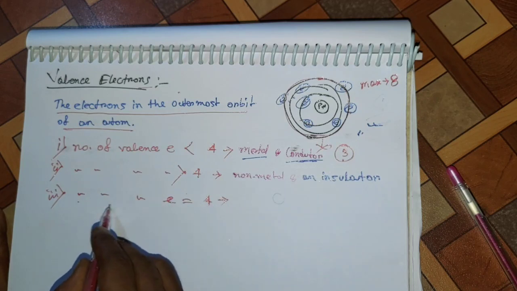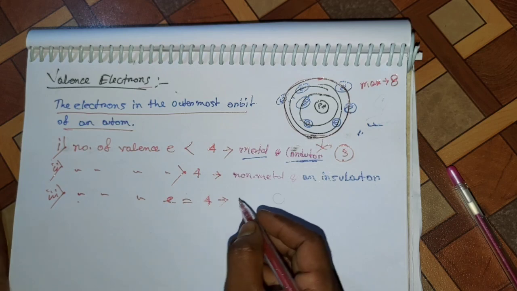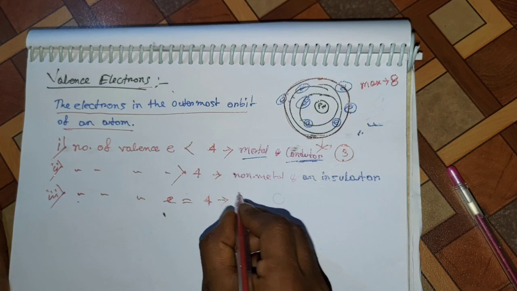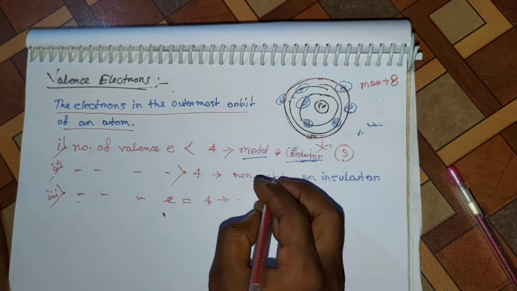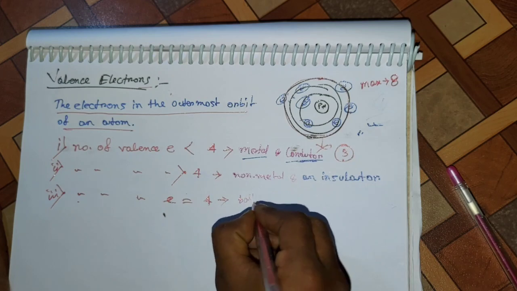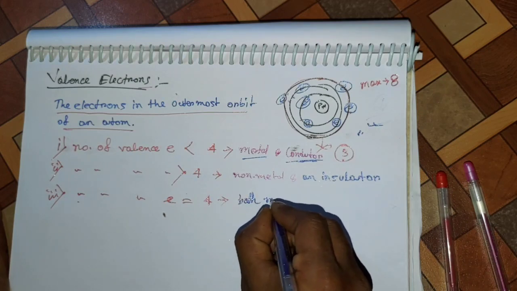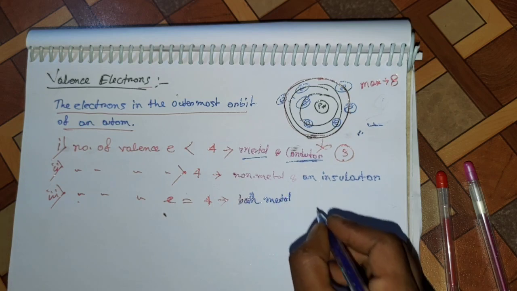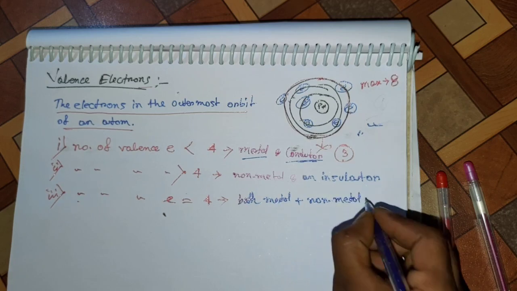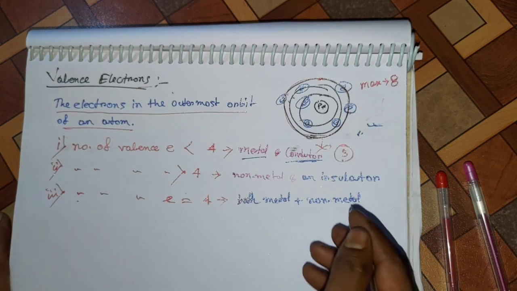When the number of valence electrons is equal to 4, that particle will have both metal and non-metal properties.